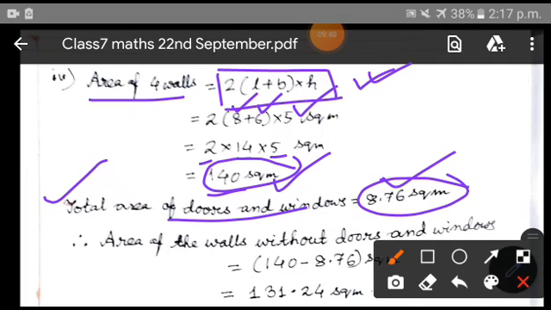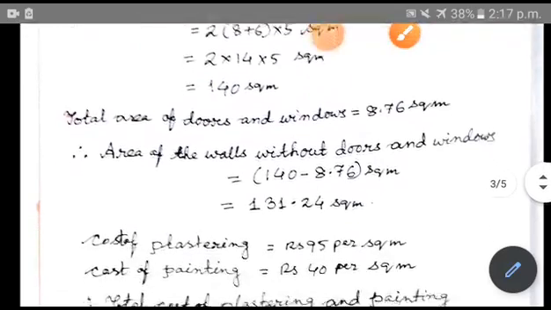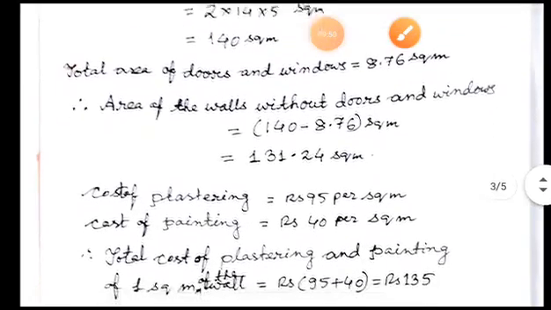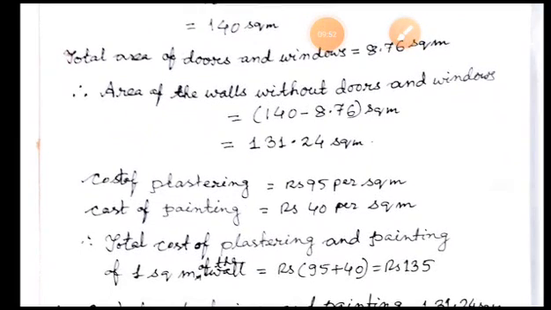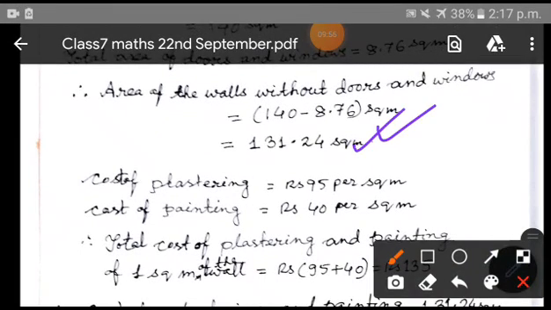We simply subtract 140 square meter minus 8.76 square meter, and after subtracting you are getting 131.24 square meter. This is the area of the walls without the doors and windows.